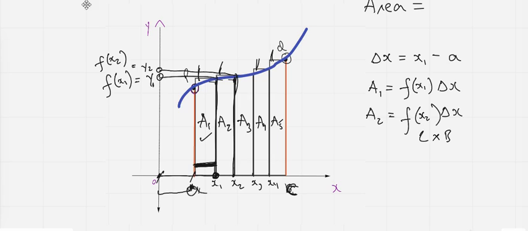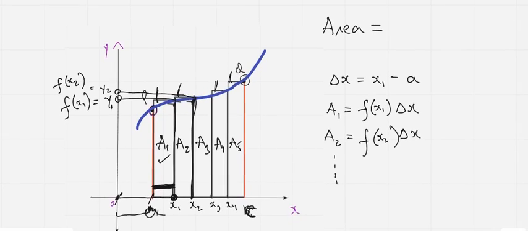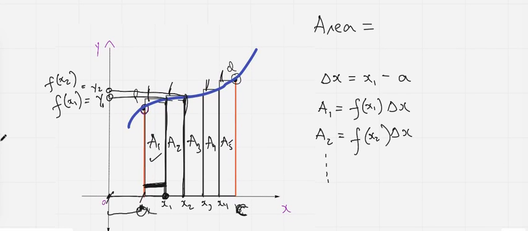In the same way, you keep on finding the areas of all the rectangles present inside this region, and then you sum up all these rectangles. You are then going to find the area under the curve, like that: a1 plus a2 and so on.